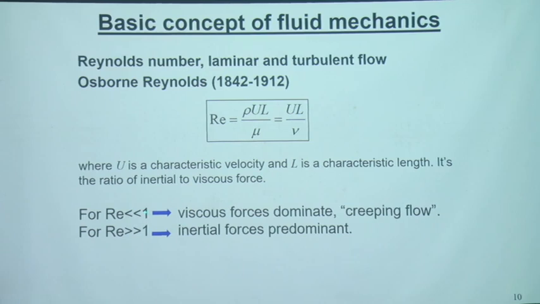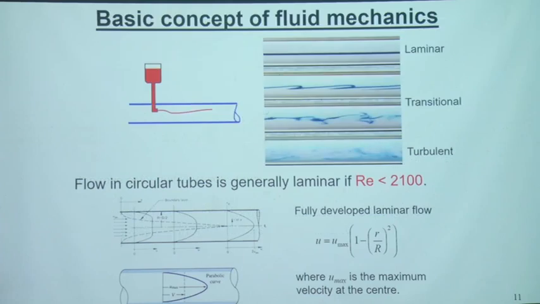So we also know that it depends on the magnitude of the Reynolds number. If it's much, much less than 1, then the viscous forces dominate and the flow is said to be creeping flow. And if the Reynolds number is much greater than 1, then the inertial forces predominate. And then it depends on the exact value of the Reynolds number whether the flow can be defined as laminar or turbulent.